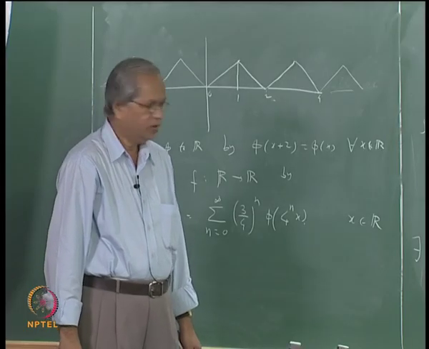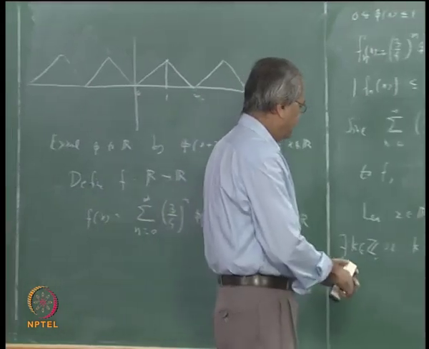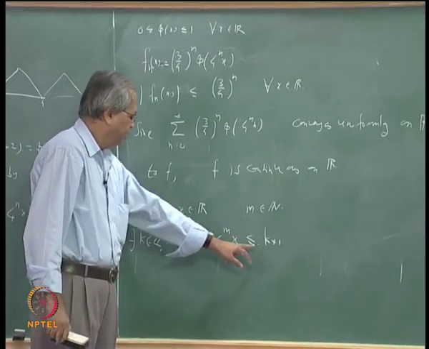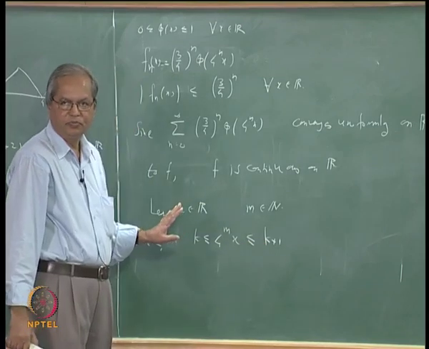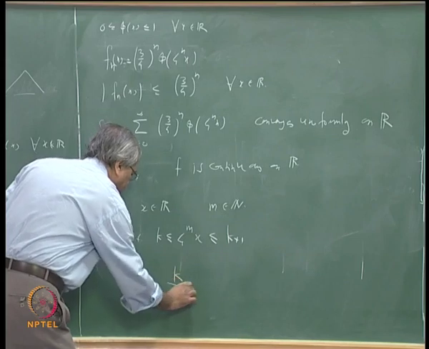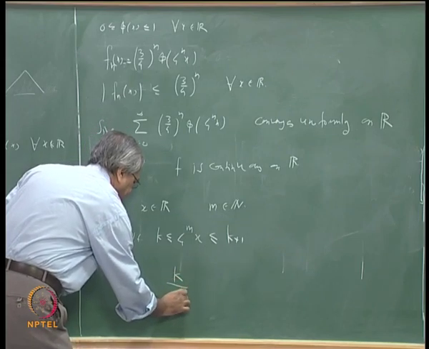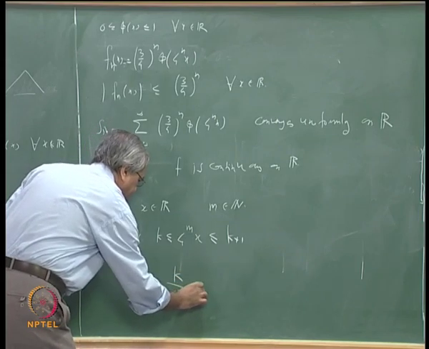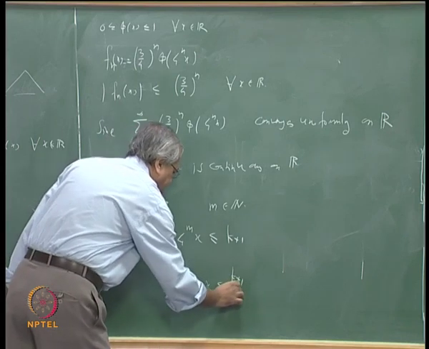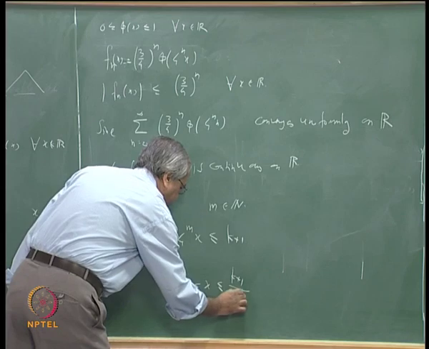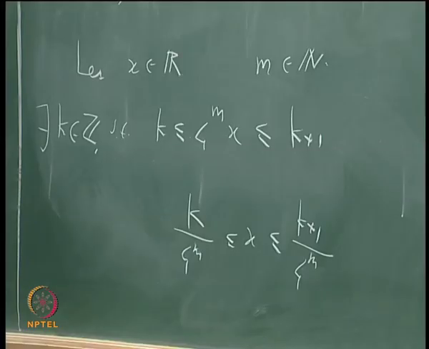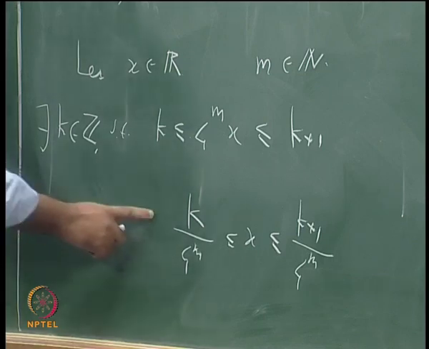Now I will take k by 4 to the power m as alpha m and k plus 1 by 4 to the power m as beta m, which is the same as saying that k by 4 to the power m is less than or equal to x, and x is less than or equal to k plus 1 by 4 to the power m.